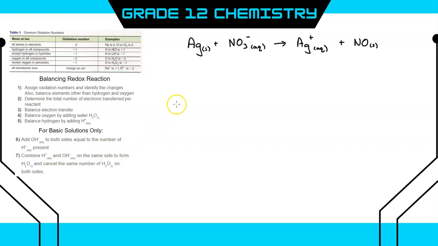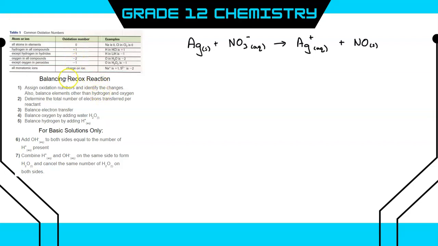This is an acidic solution, and we are going to follow this step process. So the first one says assign oxidation numbers and identify the changes. So how do we assign oxidation numbers? Well, first, hydrogen will always be +1, except in hydrides. And oxygen will always be -2, except in peroxides.